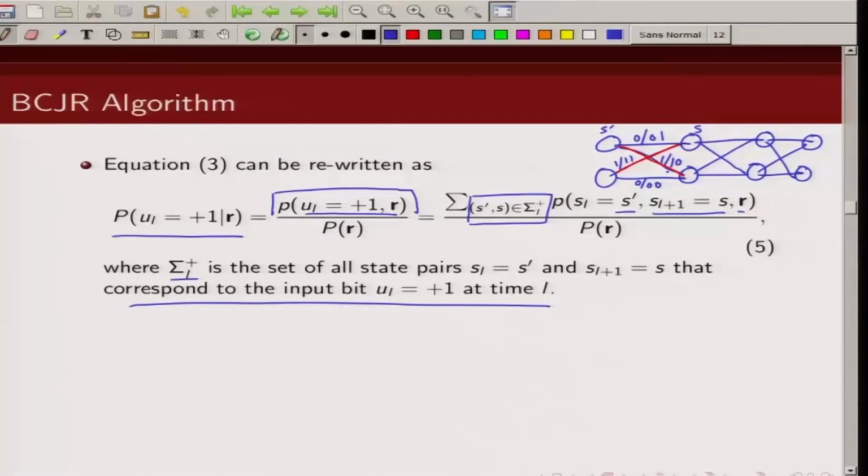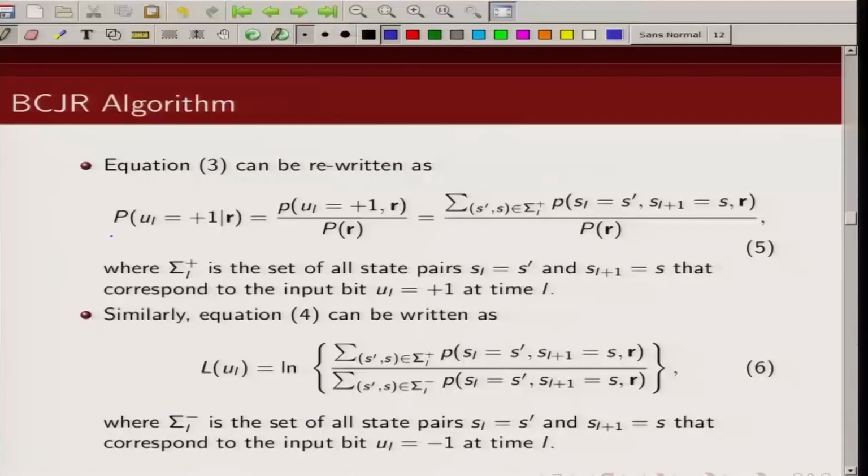So, I can write the joint probability of UL being +1 and R in terms of conditioning on the valid trellis transitions in this way. It is the probability that the initial state is S prime, the next state is S, given that I have received sequence R, summed over all those transitions which belong to input bit +1.